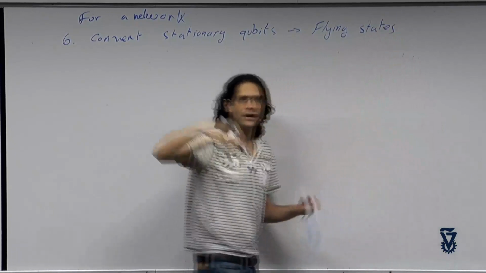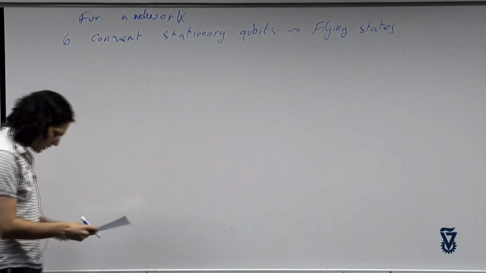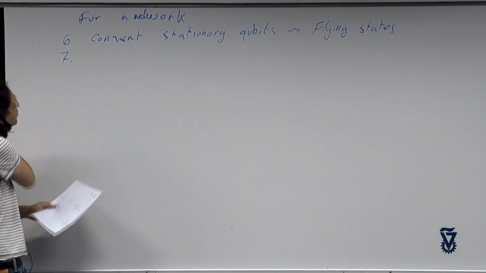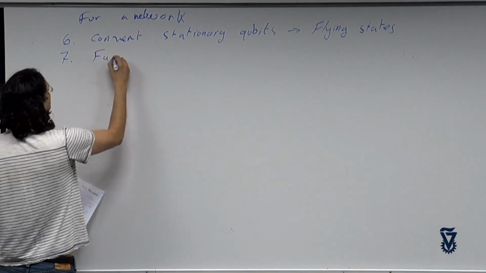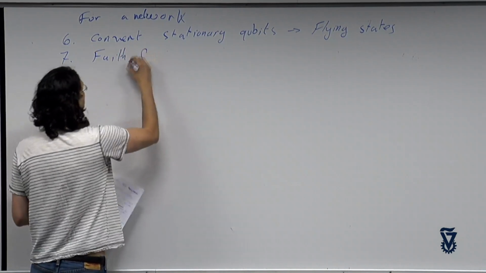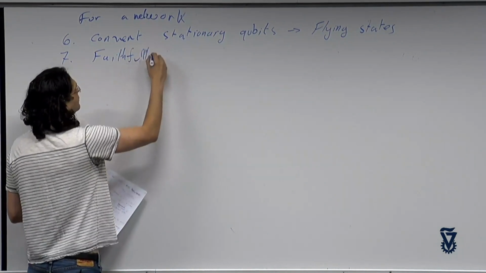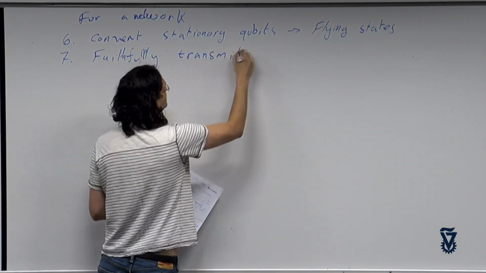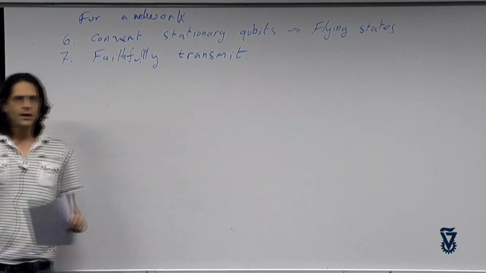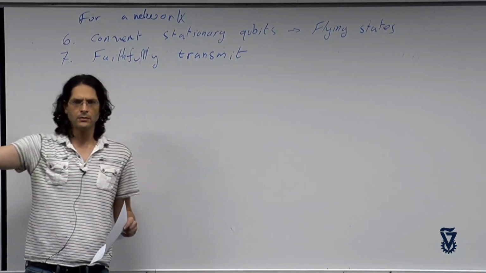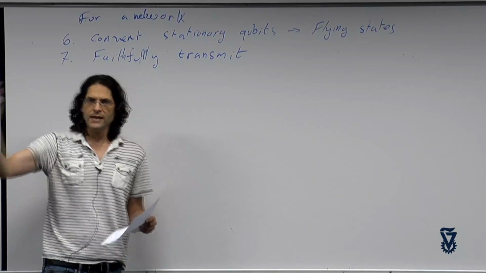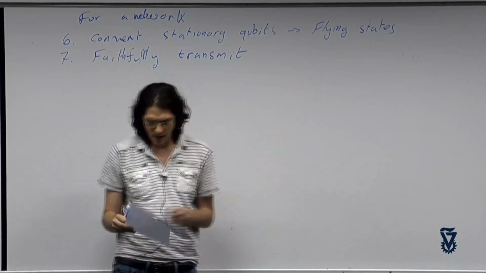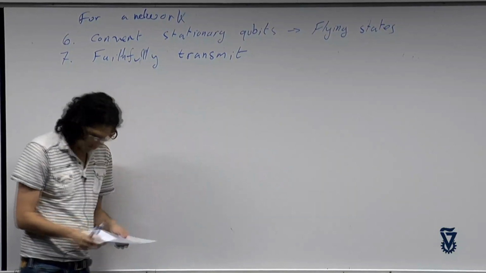These can be flying in free space, or in fiber optic or whatever. And you need to be able to faithfully transmit them. So you need to be able to take your qubit, send it out, and catch it at the other side. That's what we mean by faithfully transmit.